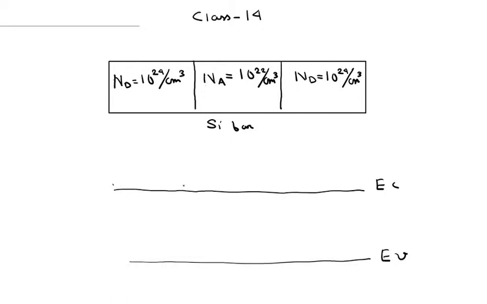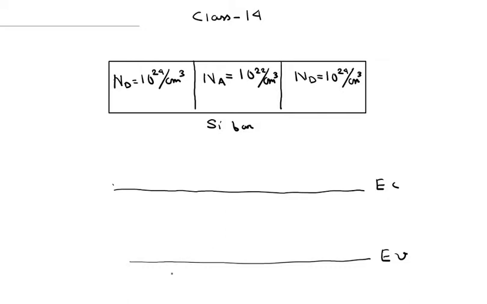So no charge has flowed from this region to this region or this region to this region. In that condition, the conduction band of all the three parts should be aligned with one another because all these three parts are made of silicon and their conduction band should be at the same energy.